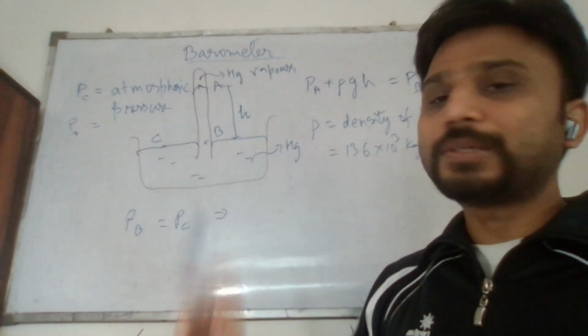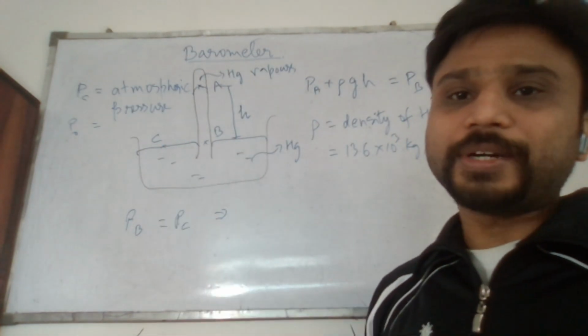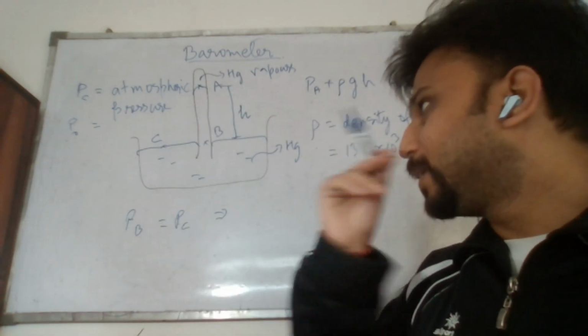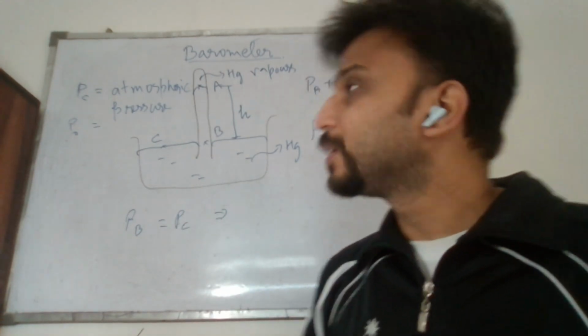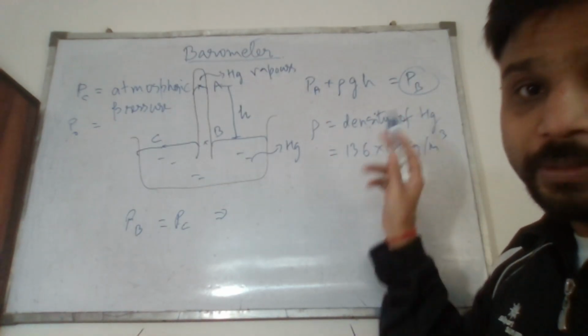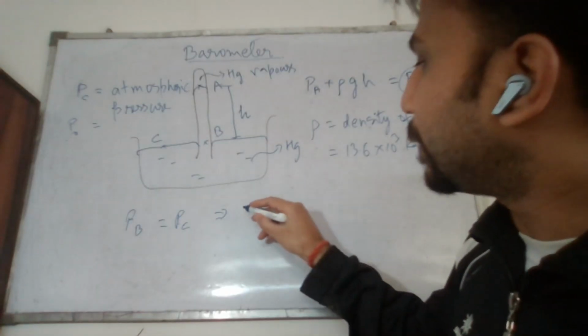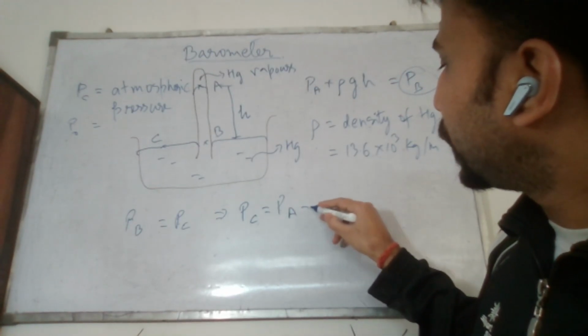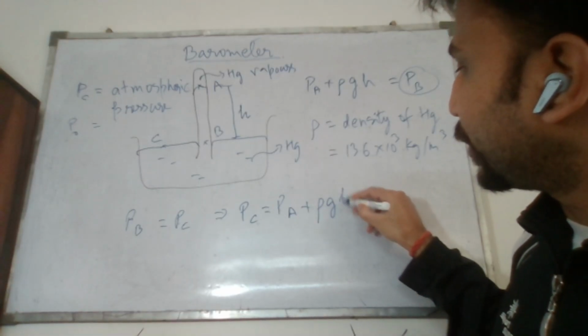As per Pascal's law, the pressure at two points on a horizontal line is equal. Pressure at point B is equal to pressure at point C. So in this equation, instead of PB we can write PC, which is equal to PA plus rho g h.